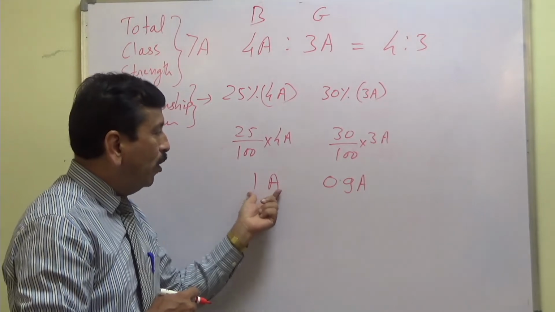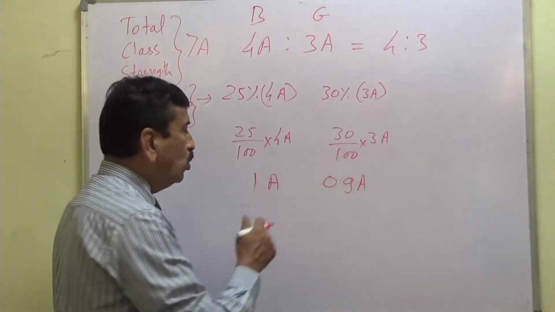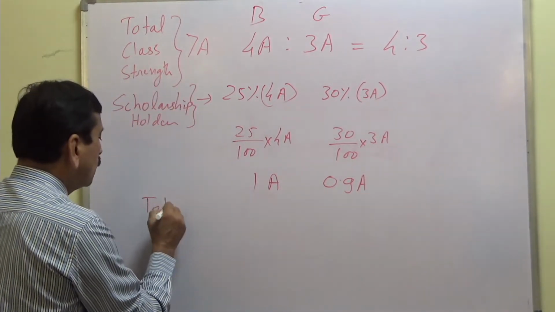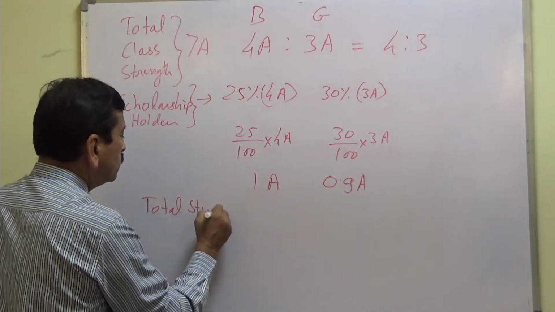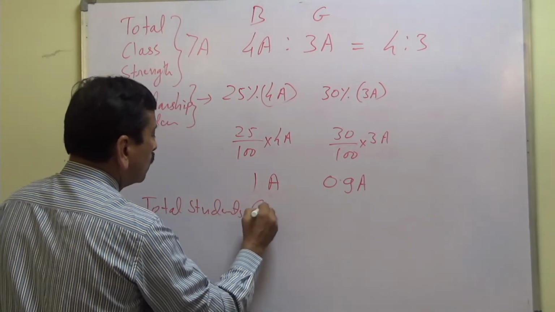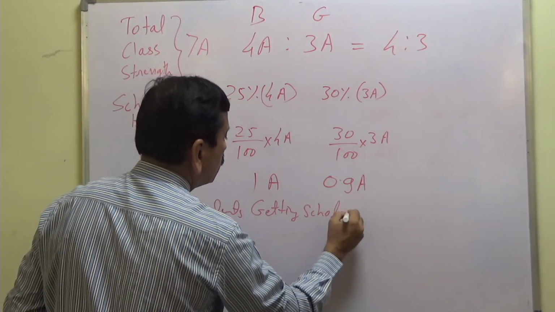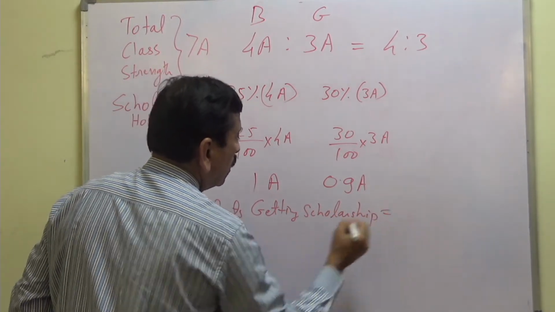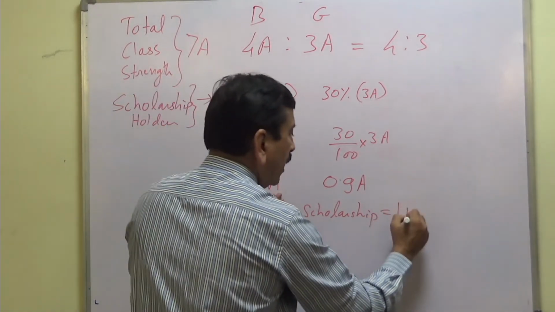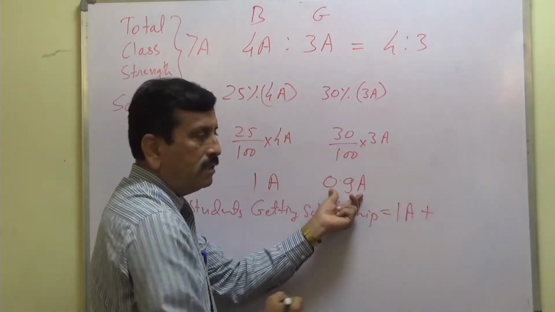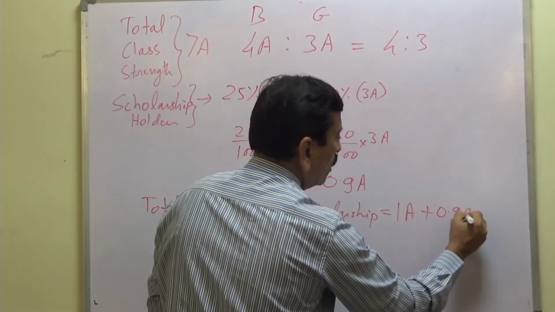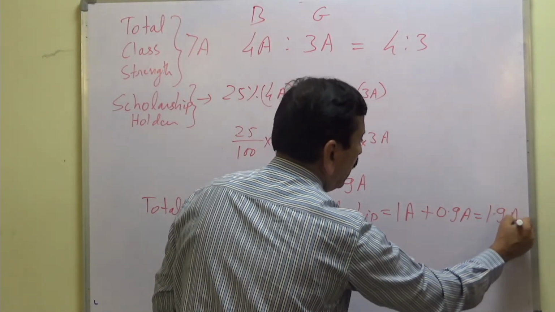So scholarship by boys, scholarship by girls. So total students getting scholarship: from among boys 1A, from among girls 0.9A, is equal to 1.9A.